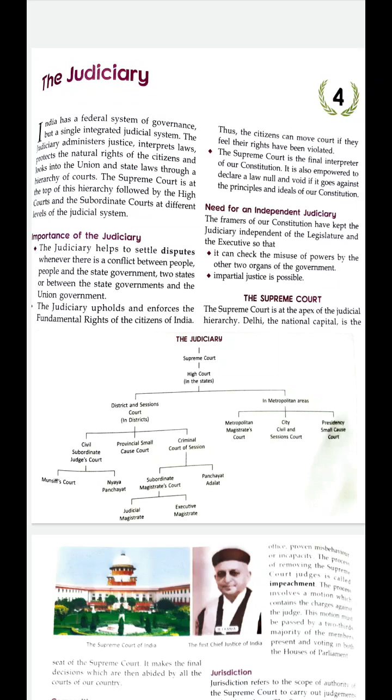Which are our other two organs? Executive, which executes the law, and legislature, which makes the law. So if they are trying to misuse their power, then the judiciary has the entire right to declare all those laws null and void.